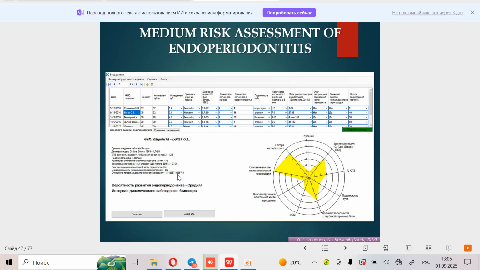The medium risk assessment is determined by 3 or more parameters in the middle range, but not more than 2 parameters in the high probability category.